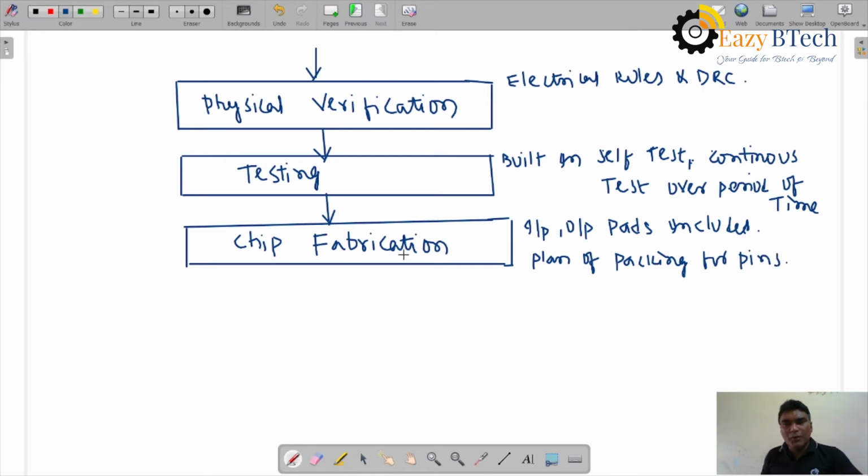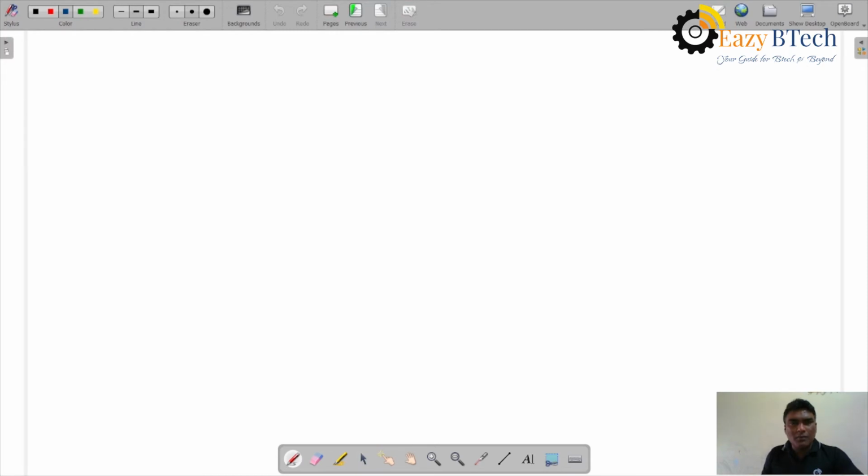So before submitting for chip fabrication, it verifies the input output bonding pads are included and the plan of packing for pins. Finally, after this verification, it will be submitted for fabrication, and then the product will come out. Right? Let us see, we can write it step by step.